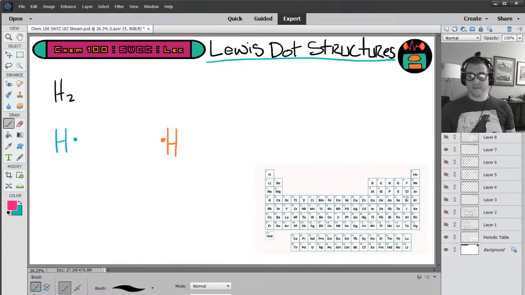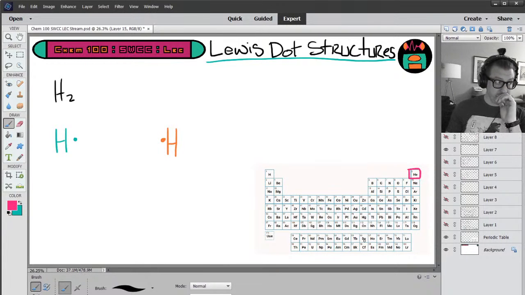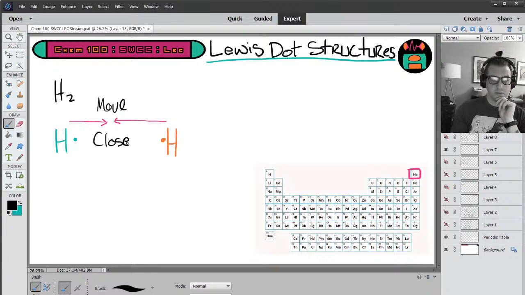They both want to be like helium, which has two electrons. So, how do they solve this problem? They solve it by moving closer together. They move close till they're virtually stuck together like this.